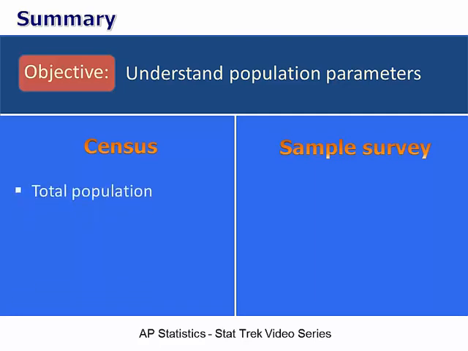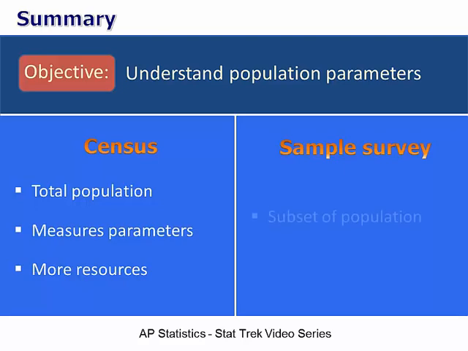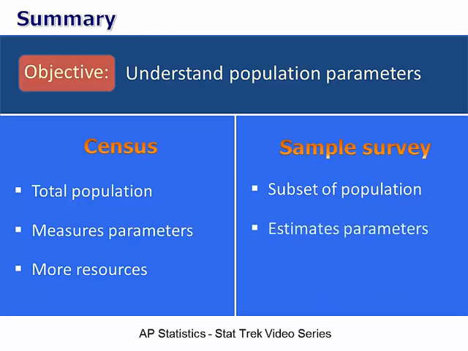It provides accurate measures of population parameters, but can be costly and time-consuming. A sample survey obtains data from a subset of the population in order to estimate population parameters. A survey can often be administered quicker, easier, and cheaper than a census.